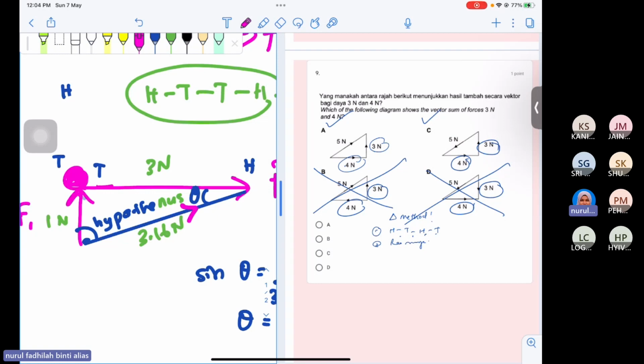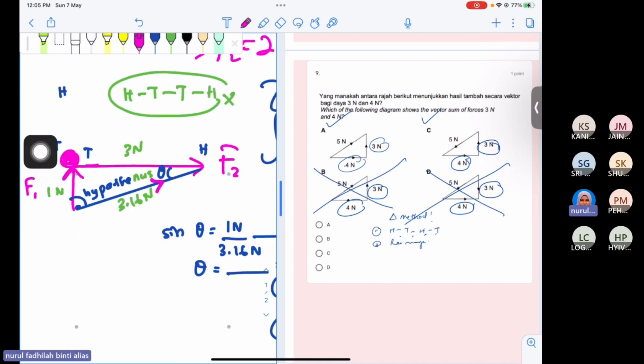Okay, kalau you tengok ni, ini given. Yang pink ni force yang diberi. Kalau horizontal yang pink ni pun force yang diberi. Yang kita cari dia punya resultant. Jadi resultant dia yang biru ni. Salah yang ni yang salah kan tadi kita buat.